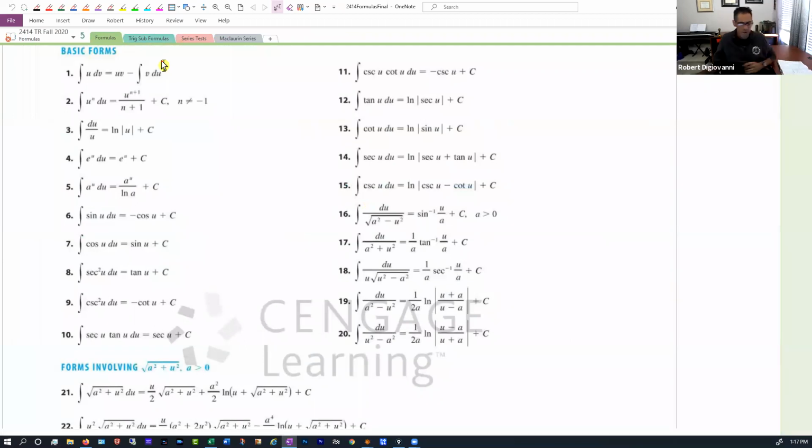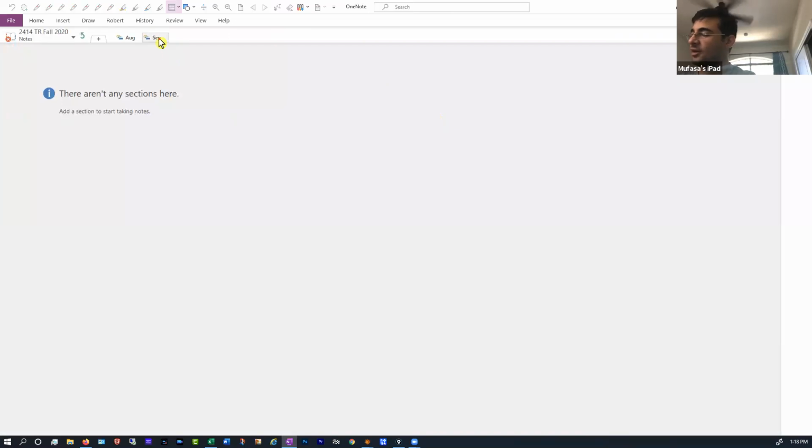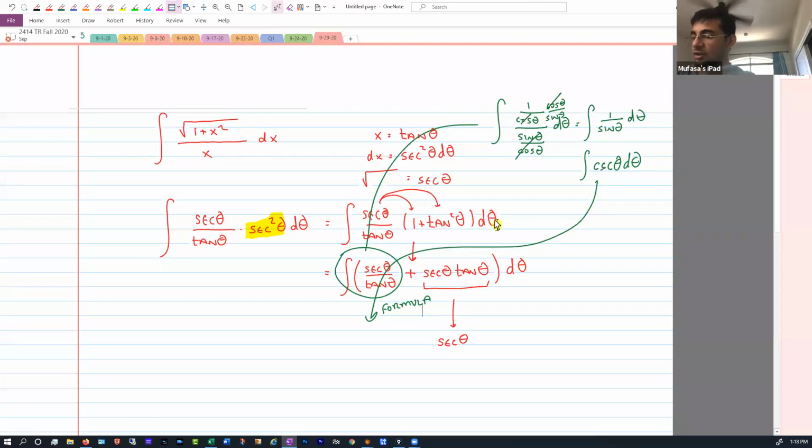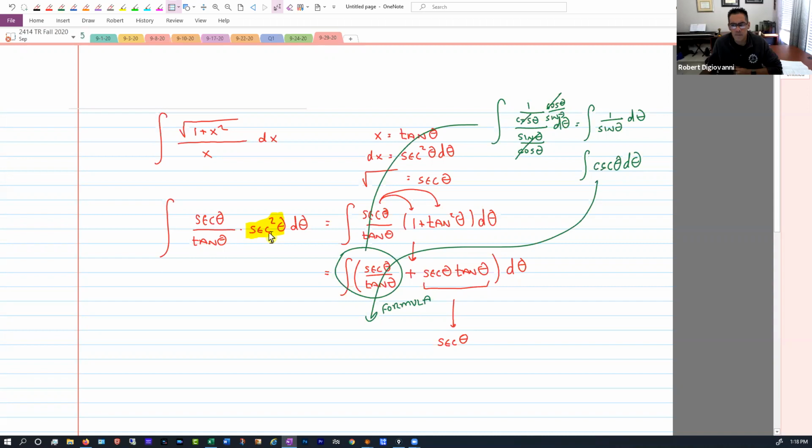Yeah, problem 57. So basically, where I messed up was when I tried to do the secant squared theta into secant, because there was a product, I cannot do them individually. But right, at that point, I was thinking if I could do integration by parts on it, which I could have done, but then the problem would be very complex. Yeah, I understand that.